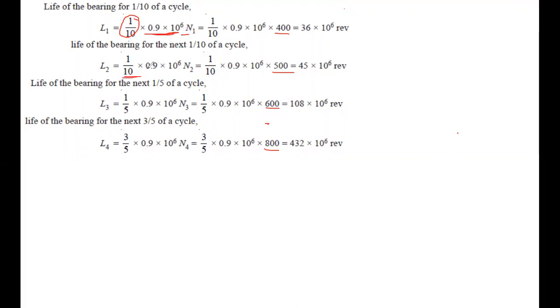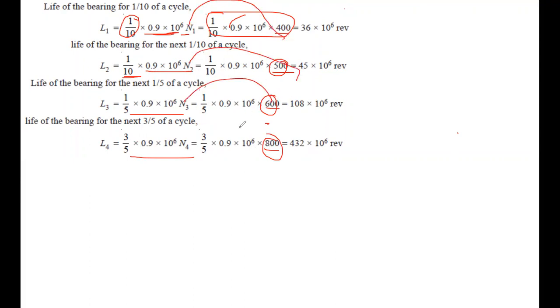Same way, fraction of second into 0.9 into 10 raised to 6 N2. We will get the answer as 1 by 10 into 0.9 into 10 raised to 6 into 400 RPM, 500 RPM, 600 RPM, 800 RPM. If you put the value of N1, N2, N3 and N4, you will get the answers in revolutions.